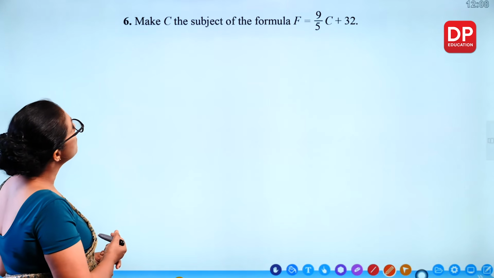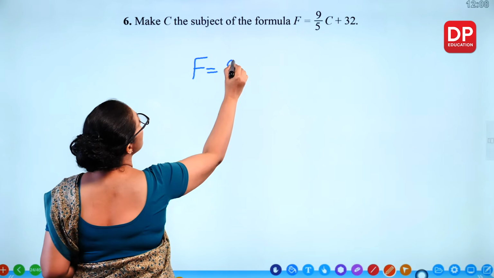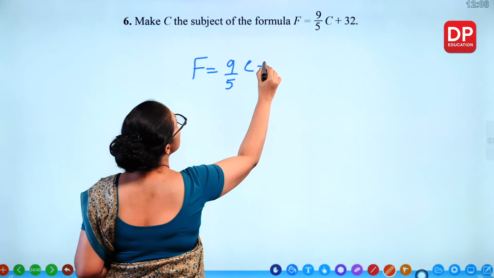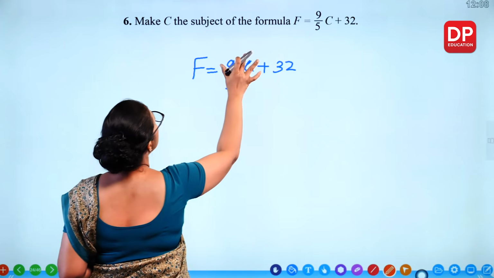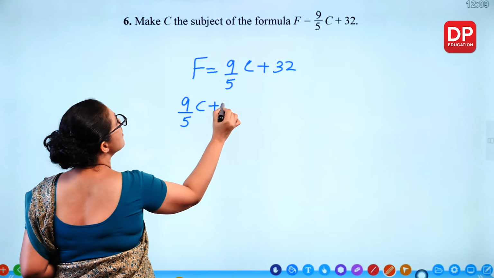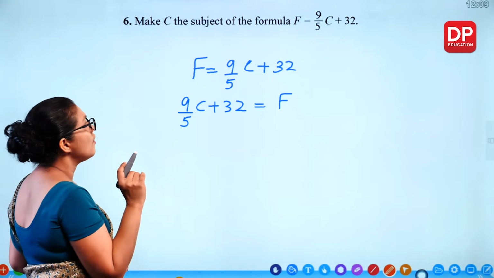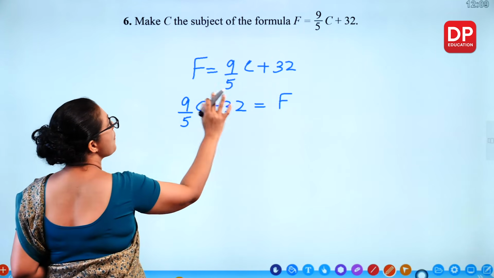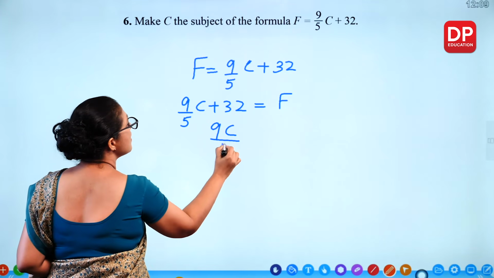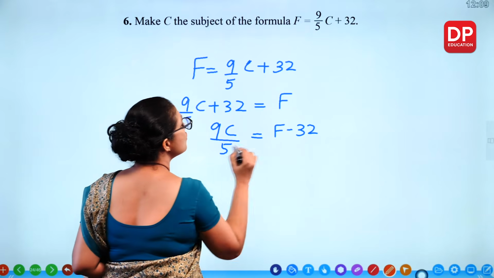Make c the subject of the formula. F equals 9 over 5 c plus 32. We need c, so I can rewrite this like this. Now keep this term. I need to take 32 to the other side. 9c over 5 becomes f minus 32.